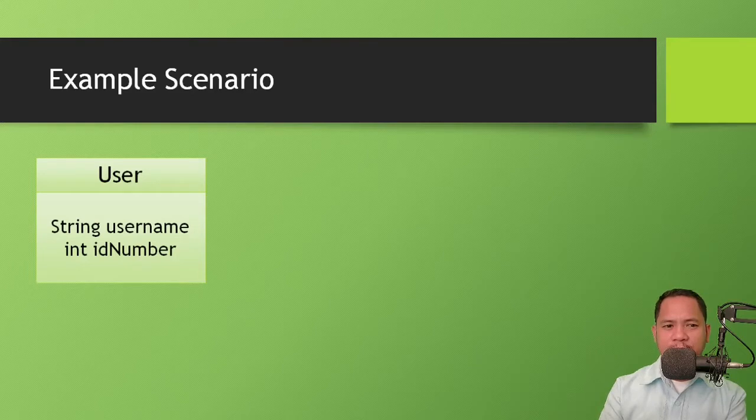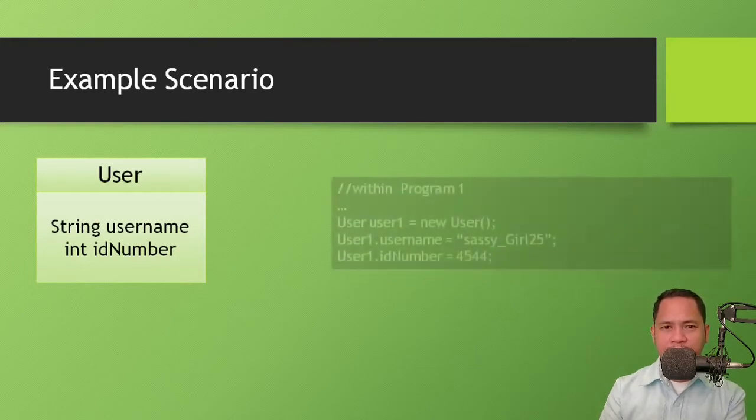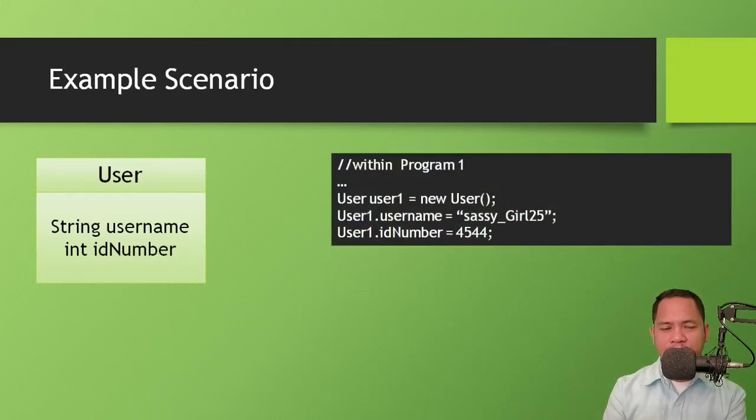If this is declared public or protected, then programs within the same package can instantiate user, and with that they can directly access the username of each user object. Here, for example, within a program, we create an instance of the class user, which we call user1, and from there we set the name to this and the ID number to that.